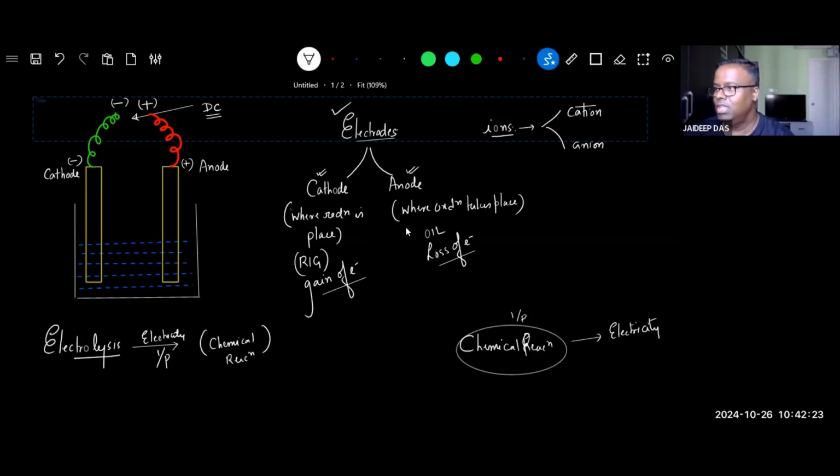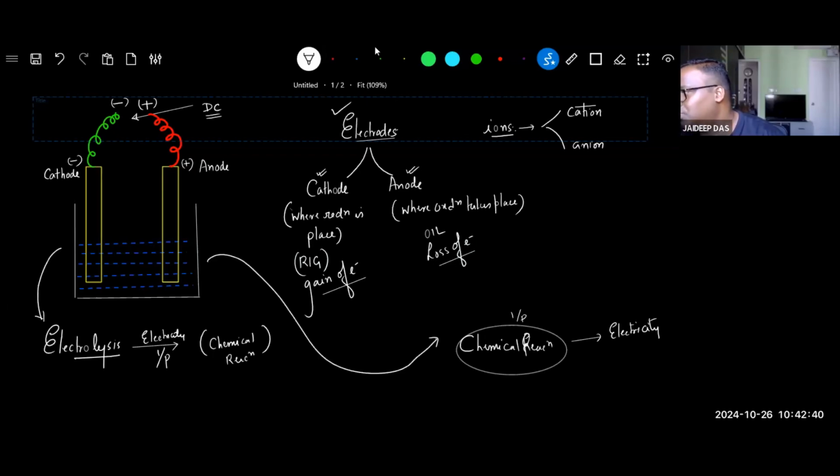Have you understood? Now the diagram that you are seeing, you would think that this same diagram will come in every case. No, there will be two similar diagrams. What I am trying to say, child, is that this diagram you will see in electrolysis, and this diagram you will see in the process also known as an electrochemical cell.